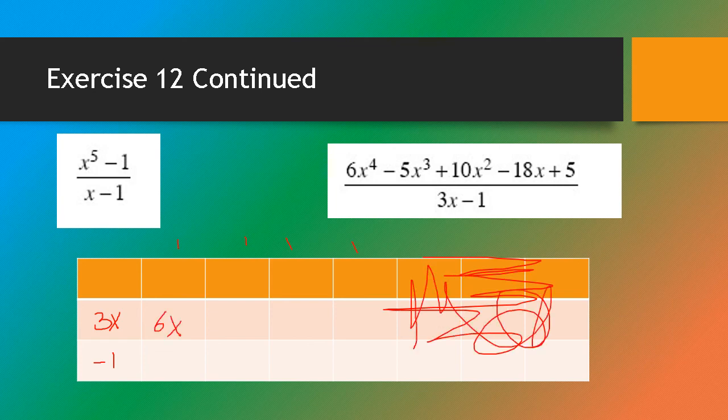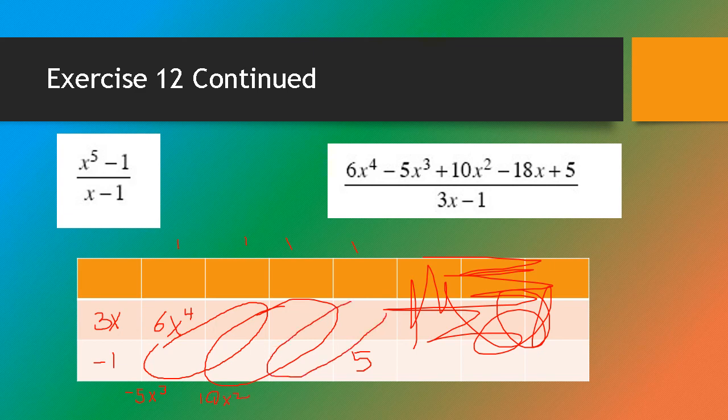So 6x to the 4th is the leading term, and 5 is what we're hoping to get for the constant. We have our diagonal-like terms: negative 5x cubed, here we have 10x squared, and then the last diagonal is negative 18x.